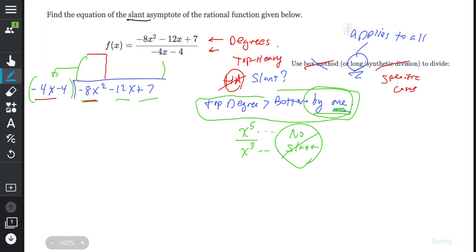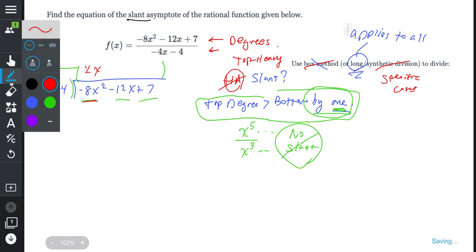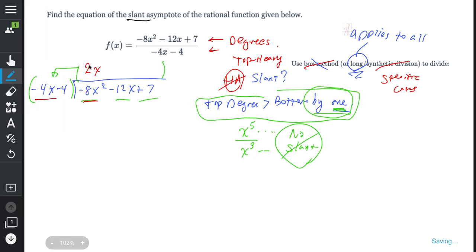Because when we do box method or FOIL, these two have to multiply to make this. And the way we can do that is by throwing in 2x, and the 2x will multiply to everything in the binomial. We're going to distribute that 2x to both of these terms. And by design, we, of course, get negative 8x squared. That was the point. And negative 8x.